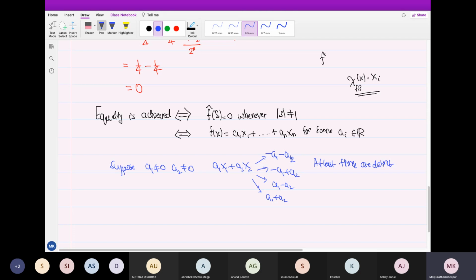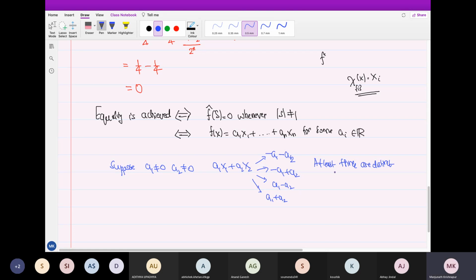So you see, these two are anyway not equal. Minus a1 minus a2 and minus a1 plus a2 are not equal because a2 is not 0. Similarly, a1 minus a2 and a1 plus a2 are not equal because a1 is not 0. So these two are distinct, these two are distinct. So we have 2. Now, can we have equalities here? If these two are equal, that means a1 equals a2, in which case this and this are going to be distinct.